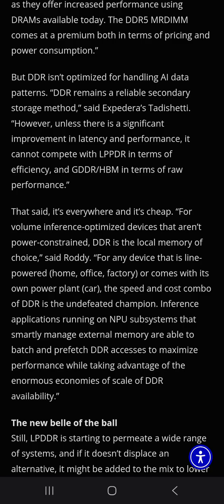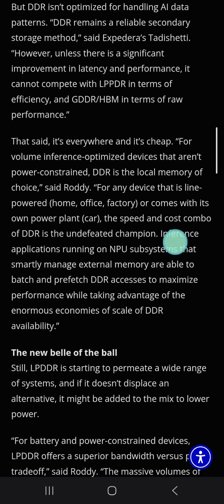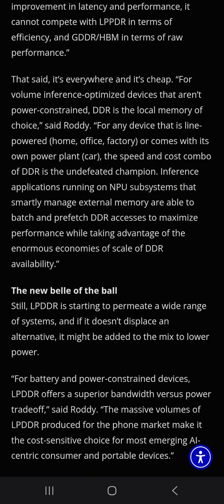That said, it's everywhere and it's cheaper. For volume inference-optimized devices that aren't power constrained, DDR is the local memory of choice, said Radi. For any device that's line powered, at home, office, factory, or that comes with its own power plant, like a car, the speed and cost combo of DDR is an undefeated champion.